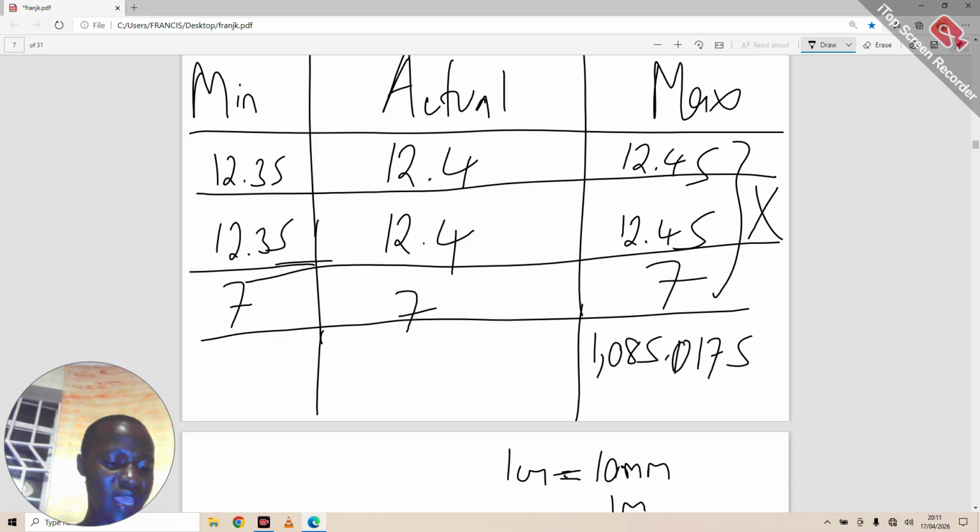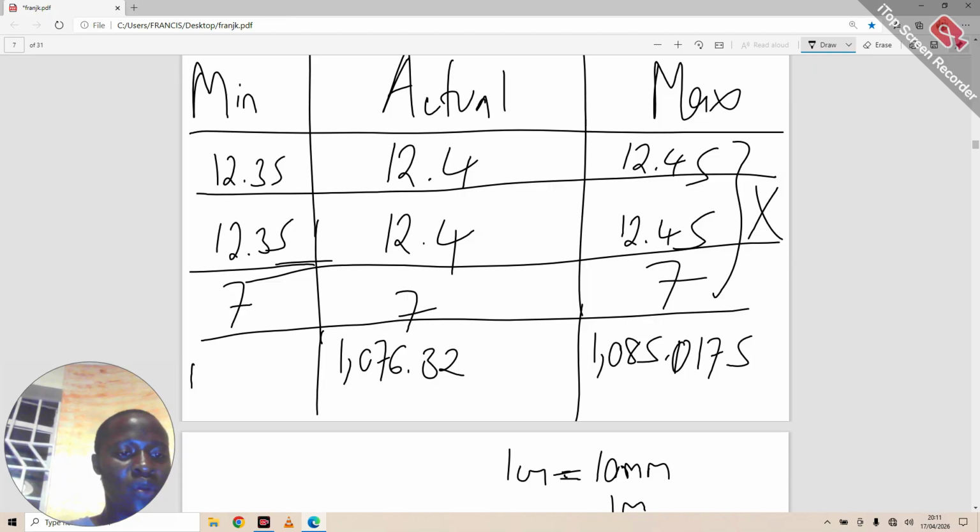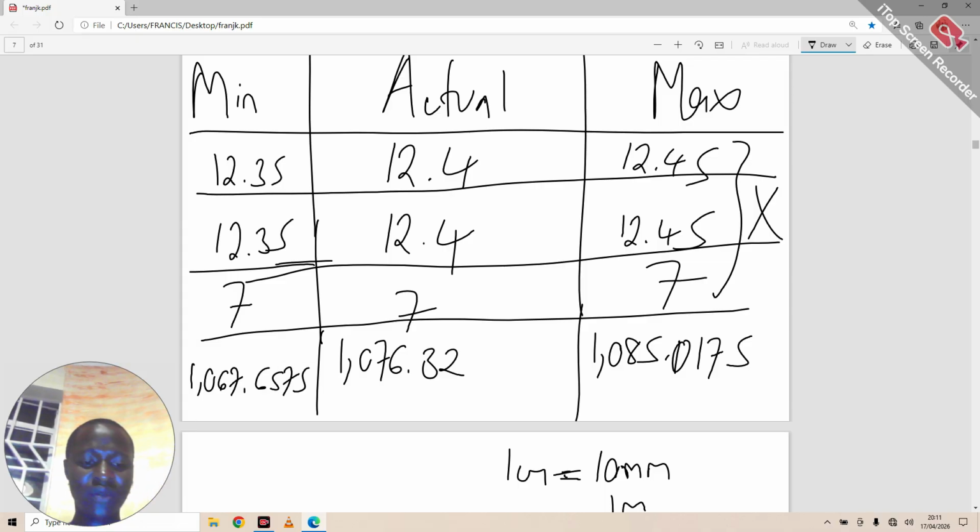On this other side, 12.4 squared multiplied by 7 shall get 1076.32. I shall have on this other side 12.35 squared multiplied by 7, having 1067.6575.